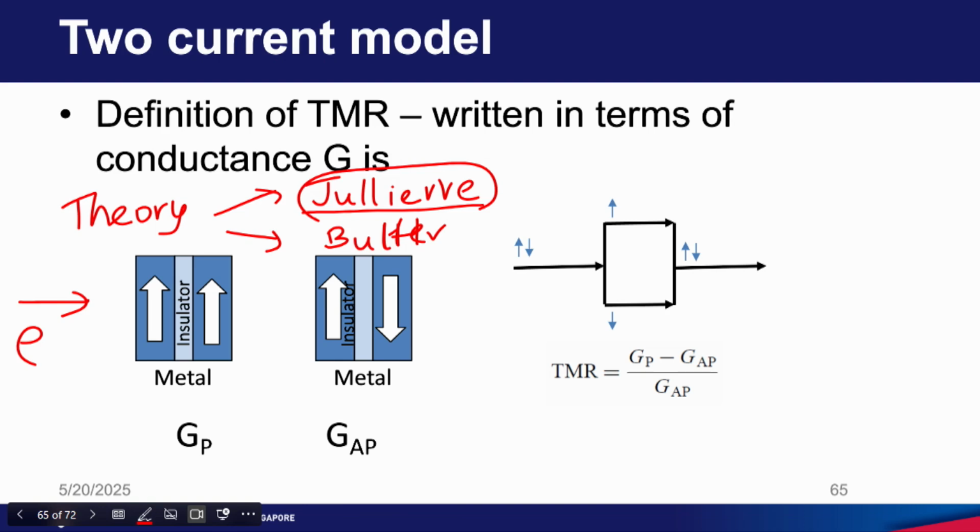When we talk about TMR, we usually use the conductance G. When the two magnetizations are parallel, we have Gp, the conductance in the parallel state. When they are anti-parallel, we have the conductance in the anti-parallel state. The definition of TMR is the difference between the two conductances divided by the conductance in the anti-parallel state.